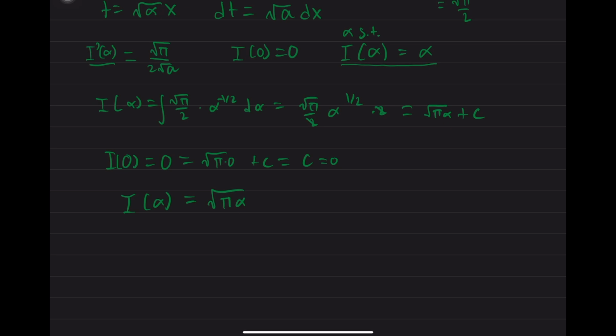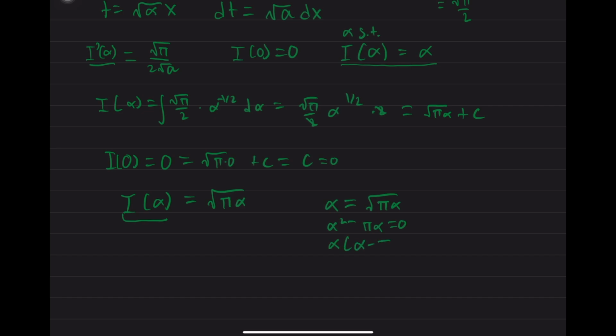So now what we can do is find out when I of alpha is equal to alpha. So alpha is equal to the square root of pi alpha. Let's square both sides. We'll get alpha squared minus pi alpha equals 0.